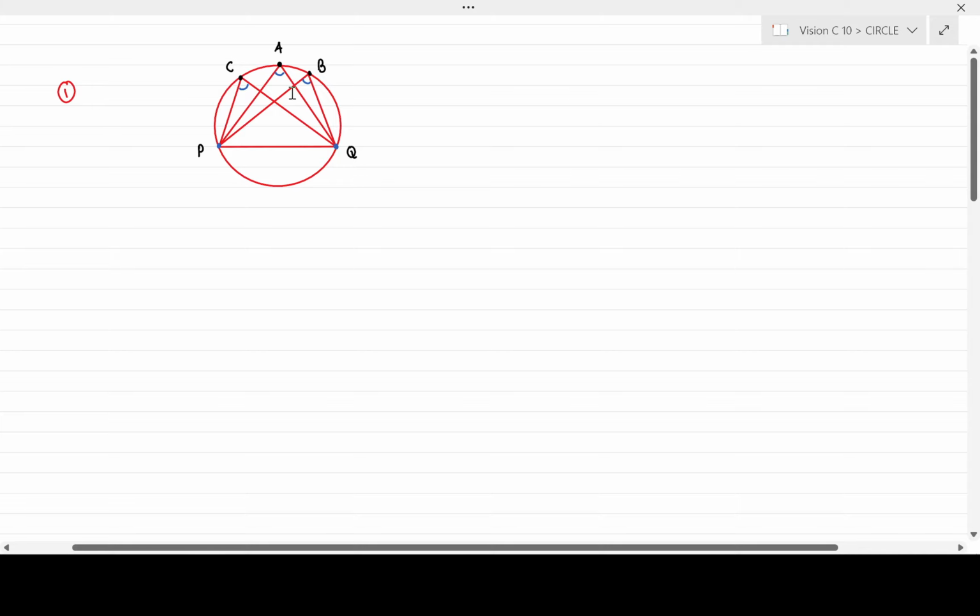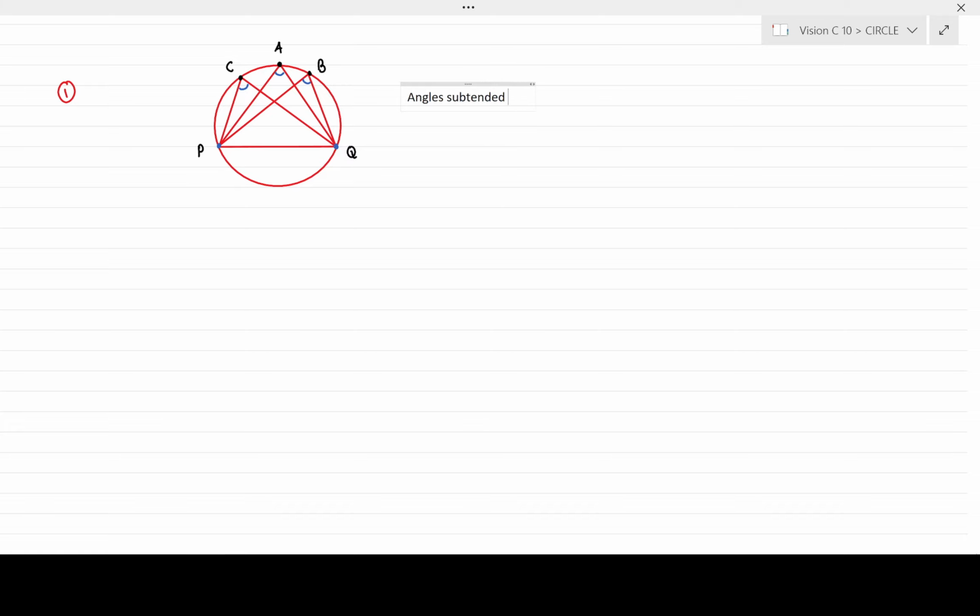Whenever you use this theory, you will mention a proper statement for it. Angles subtended by the same chord, and you can mention the name of the chord specifically, at the circumference.